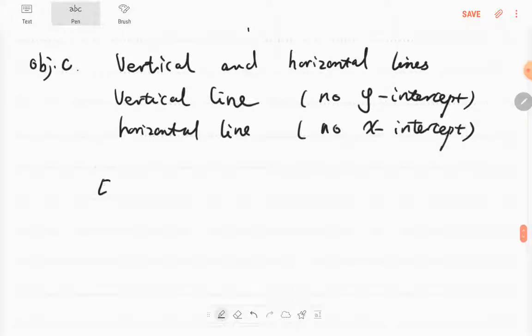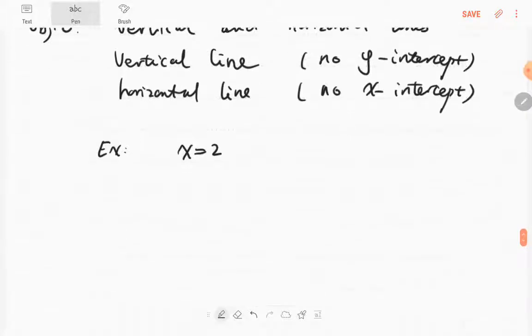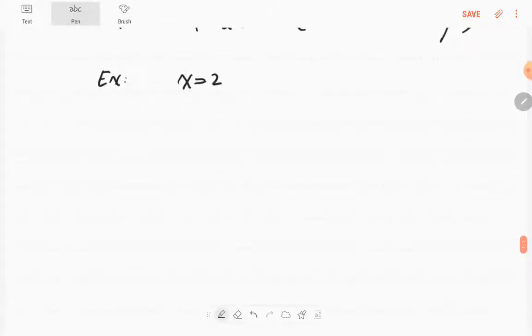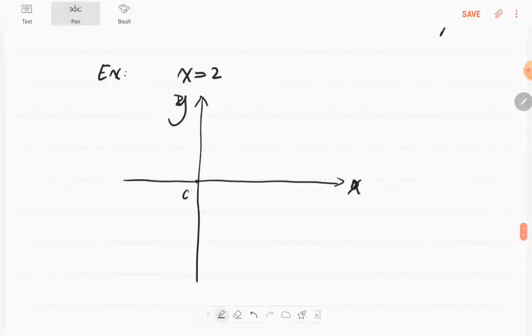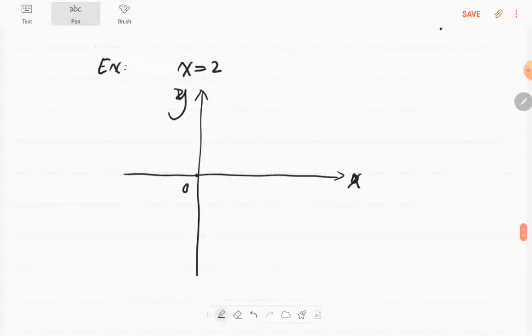So first, we check this example. Try to graph x equal to 2. How can we graph this one? In this coordinate, x, y, we have this point, and 1, 2, -1, -2, 1, 2, 3.